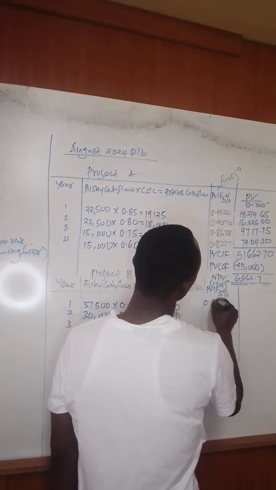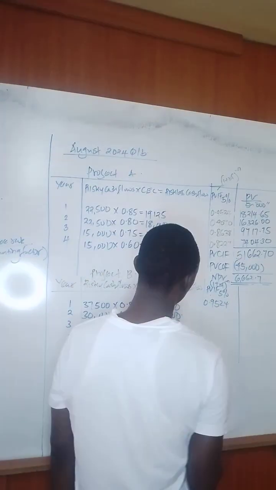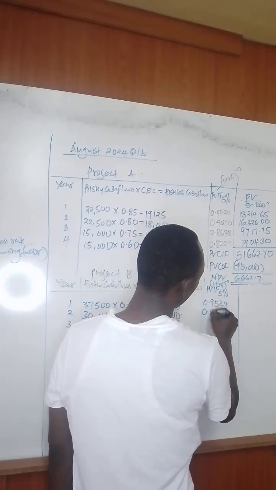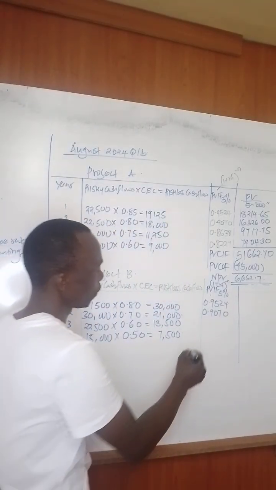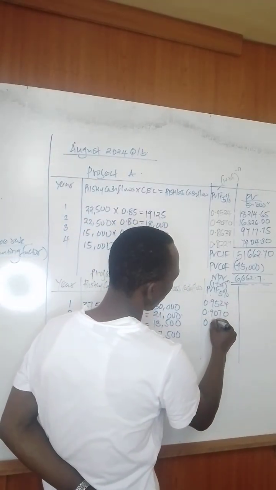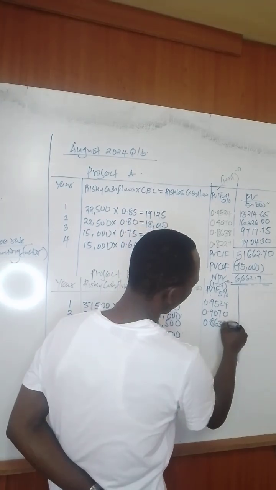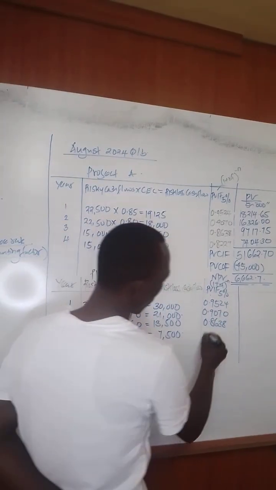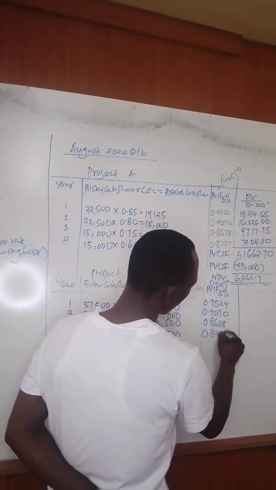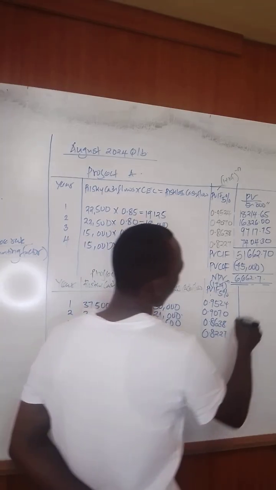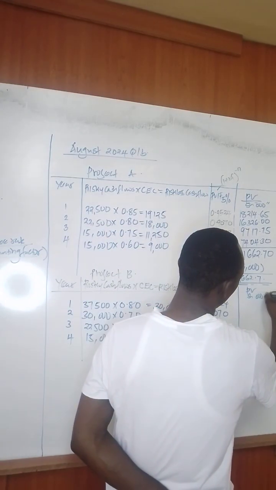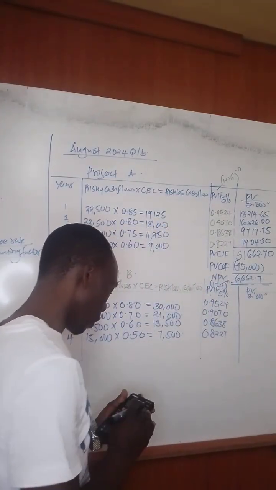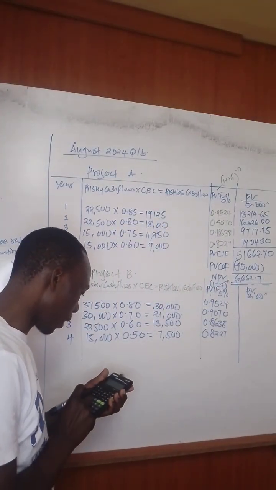So it is 0.9524. The next one is 0.9070. The third one is 0.8638, and the final one is 0.8227. So therefore, we get the present value, and our shillings are in thousands. So in this case, it will be 30,000.